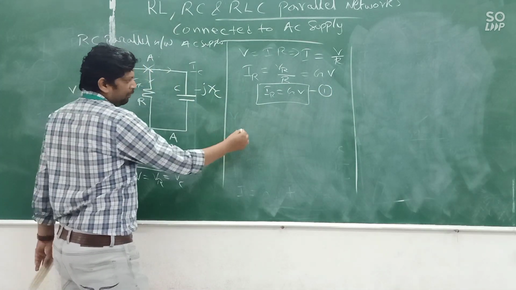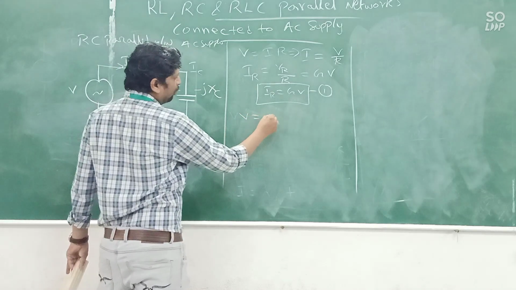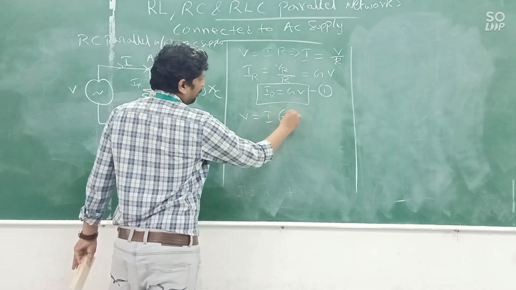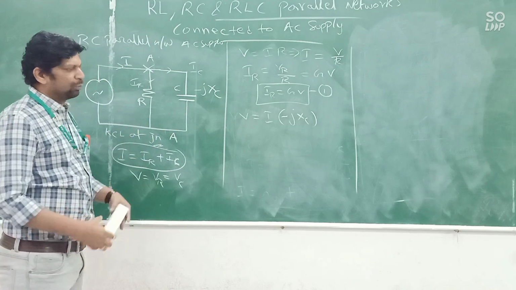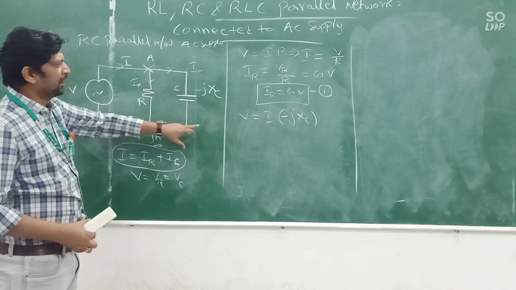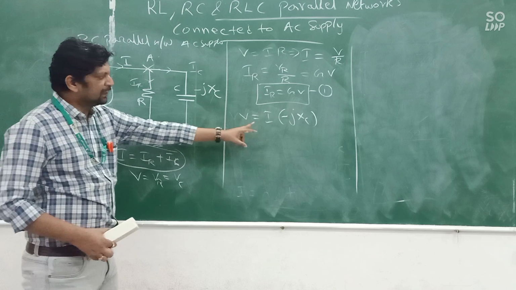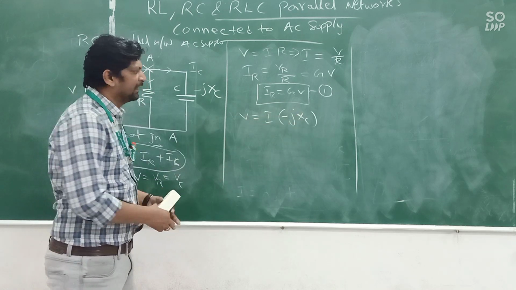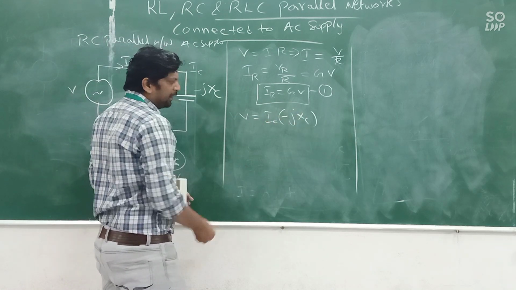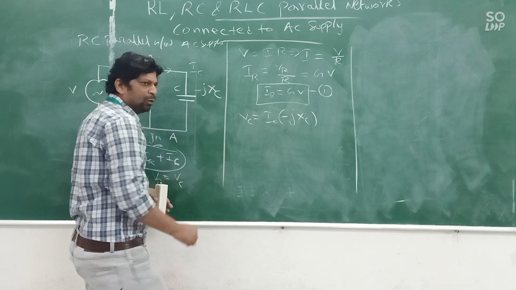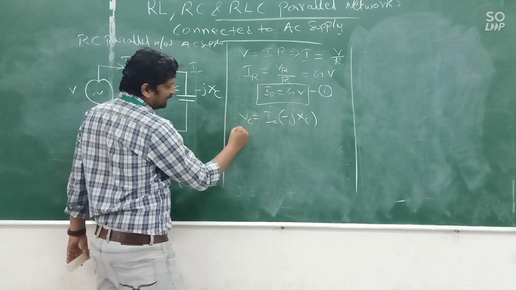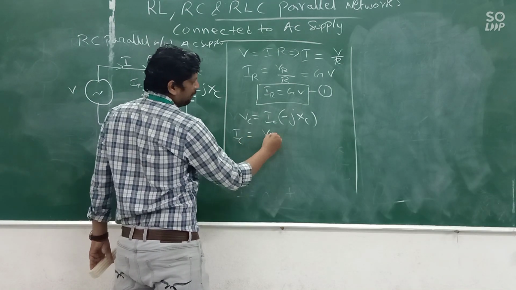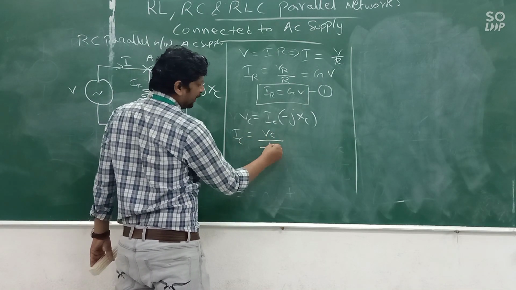Similarly, for the second one, Ohm's law, V is equal to I into minus JXC. In case of capacitive reactance, voltage in capacitive reactance is current into that reactance. IC is current flowing in the capacitive reactance. VC is voltage in the capacitive reactance. So from here, IC is equal to VC by minus JXC.